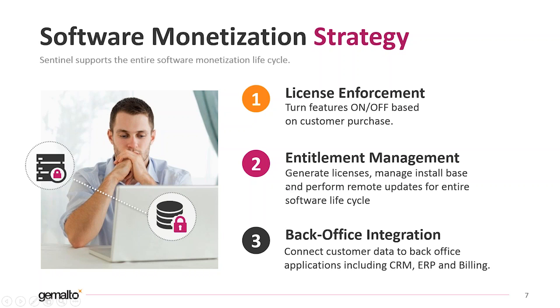Then what's really needed around it is some sort of entitlement system, beyond the licensing, of course, generating who's eligible for updates, and how you get renewals out to customers, etc. So this really becomes key.